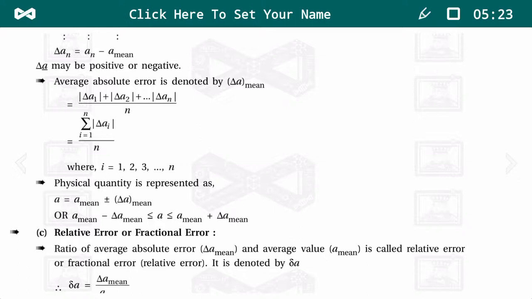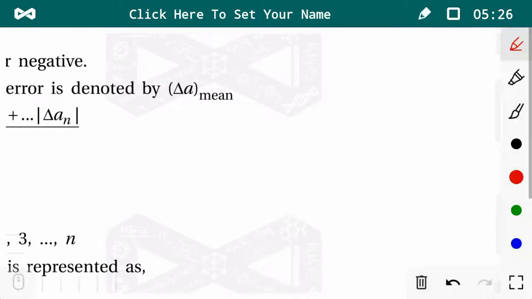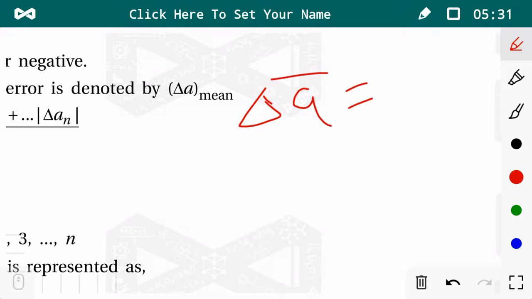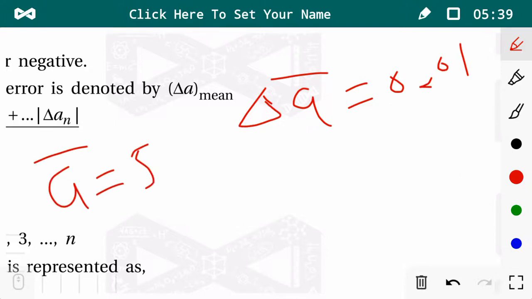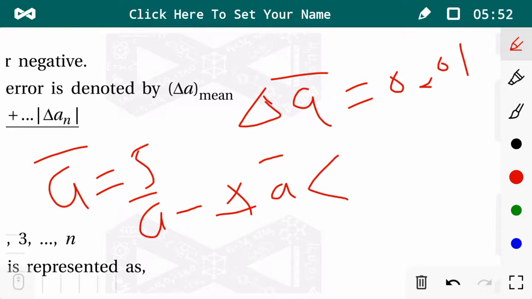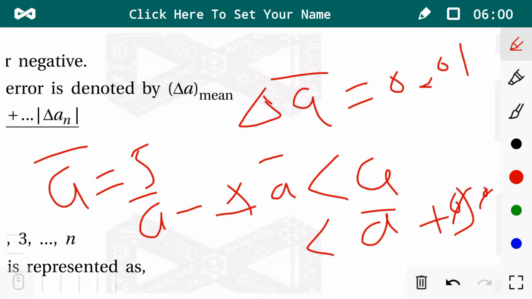See here, suppose your delta A bar is equal to 0.01 and A bar is equal to 5. So your true value must lie between A bar minus delta A bar and A bar plus delta A bar.